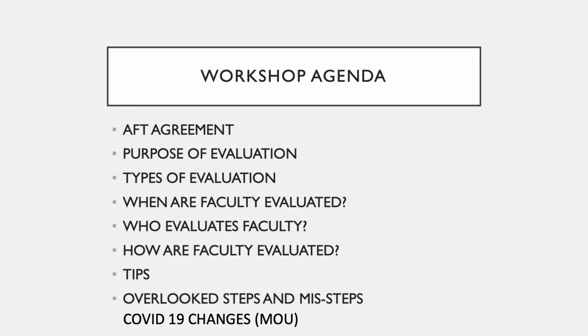We want to make sure that the process is followed according to the contract, and we want to make sure that we are able to help faculty improve and that we're able to help the committees achieve their goals. And then finally, we will cover the changes that have come about because of the MOU for COVID-19.